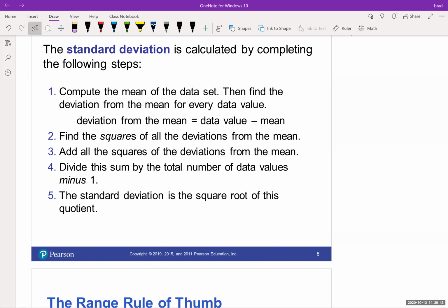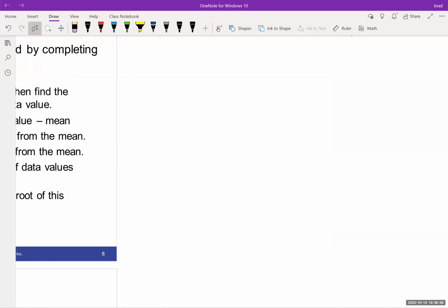Let me just get my notes out for this. I think I have a nicer one. Yeah, let's do a nice one. So suppose that I give you the 3 data values, 1, 3, and 4. You know what, let me spread it out a little bit. 1, 3, and 14. Okay, so this is our list of data values.